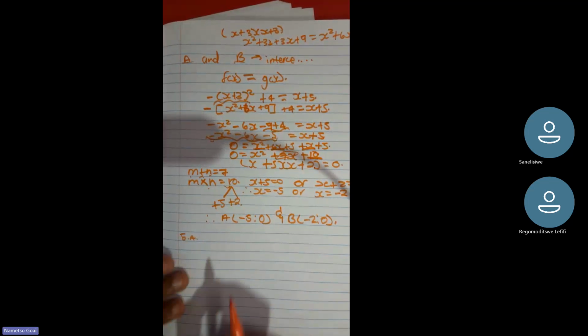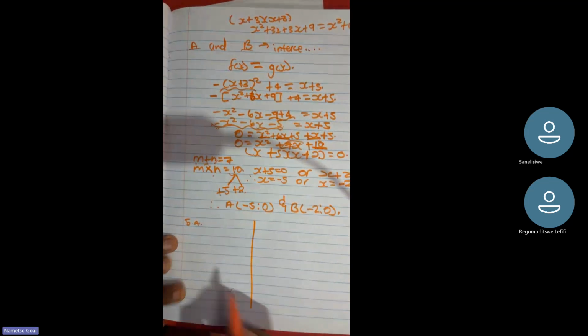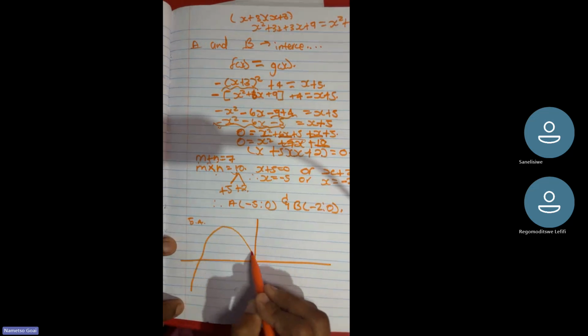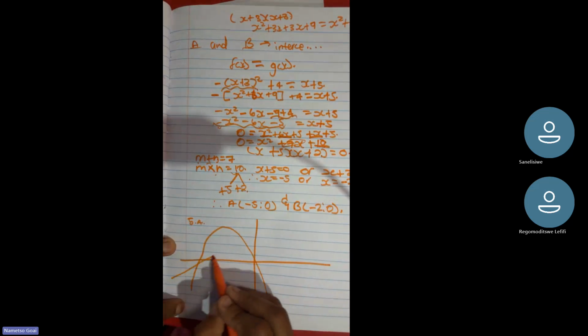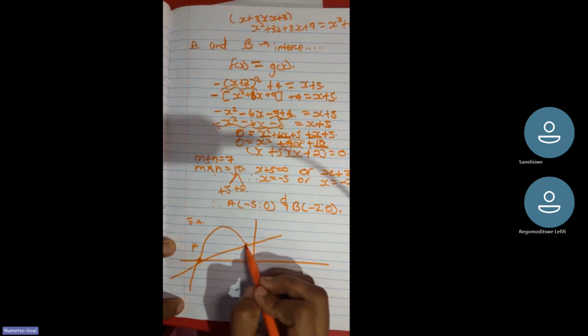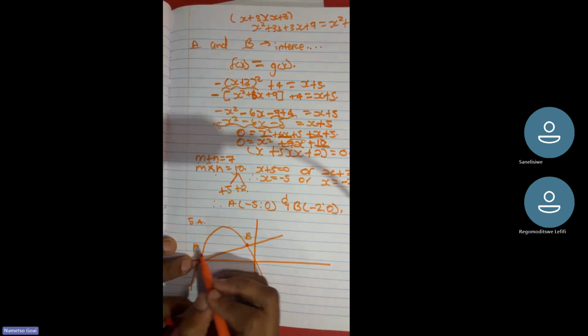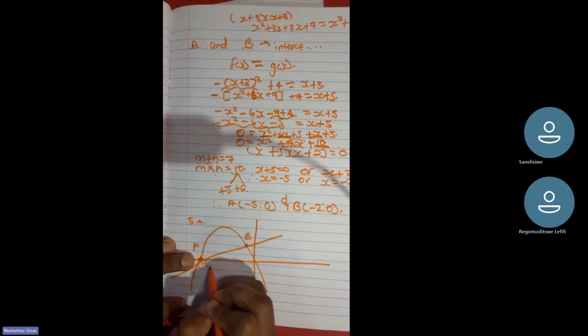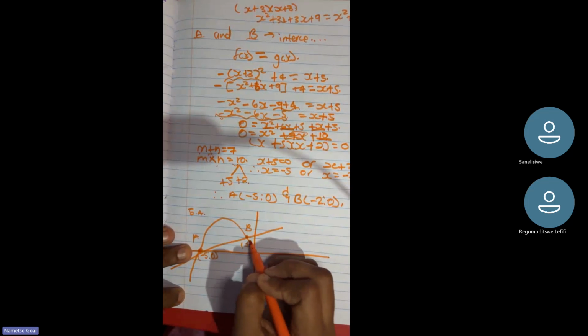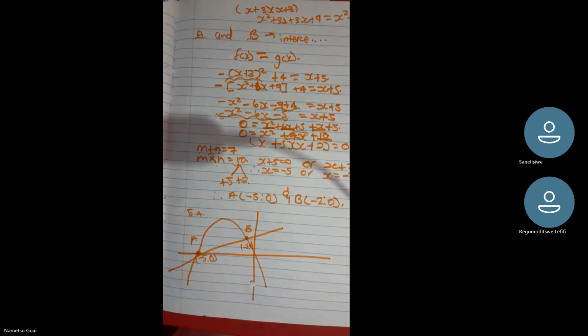Okay, so let's look at our graph, because it's something of this nature, and then it has this point over here. Let's say this point is A, then this one is B. We know that A is negative 5 and 0, and B is negative 2 and 0. Right? Okay, cool.